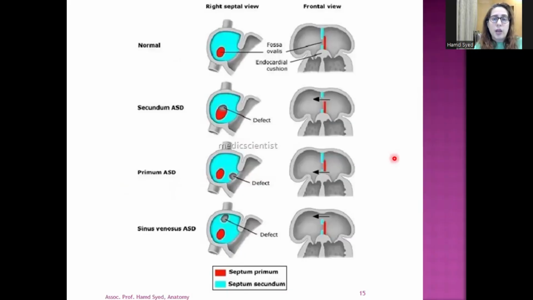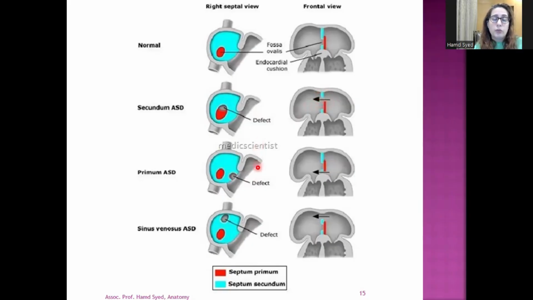Here are the diagrams showing you the different types of atrial septal defects in comparison with the normal. You can see over here, this is the most common type of ASD, which occurs due to the excessive resorption of the septum primum, which has left an abnormally large ostium secundum. Like I told you, it can also be because of the absence of the septum secundum.